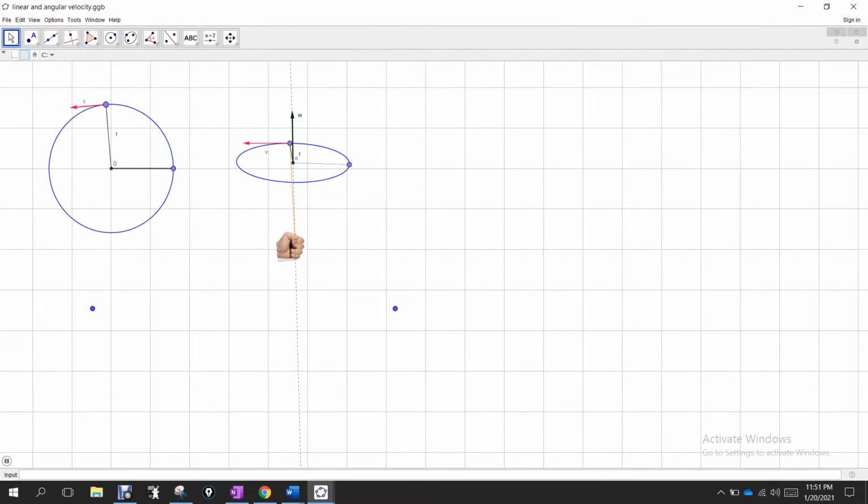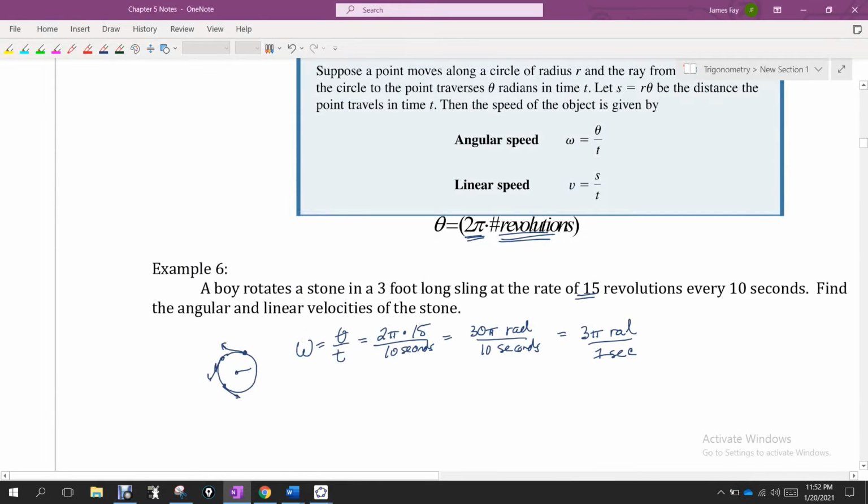There we go. Still not where I want it though. There we go. Close enough. So if we just keep track of this, I'm going to let this play. There's 2 pi, 3 pi. So you kind of see how long that took, or the rotation that it took. So 3 pi would have been that big of an angle, and this is saying that it would have been doing that 3 pi radian rotation every 1 second.